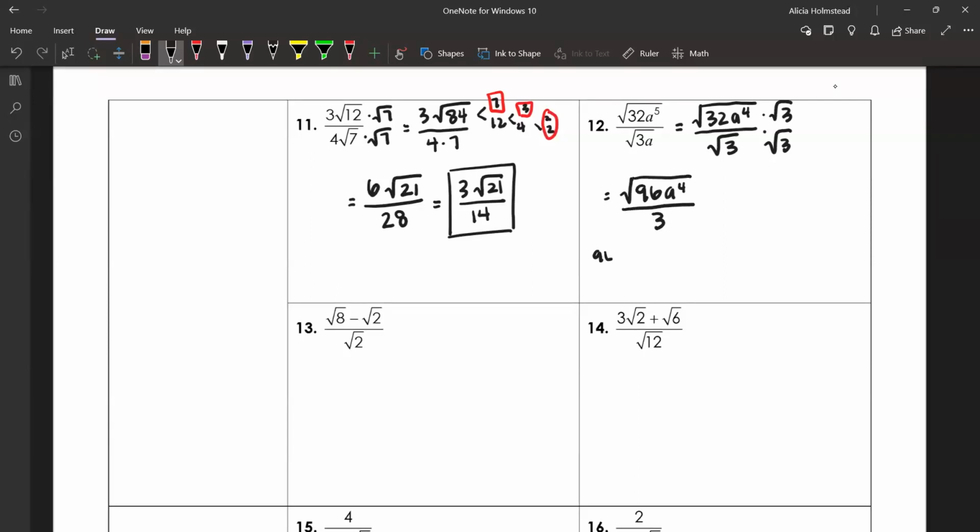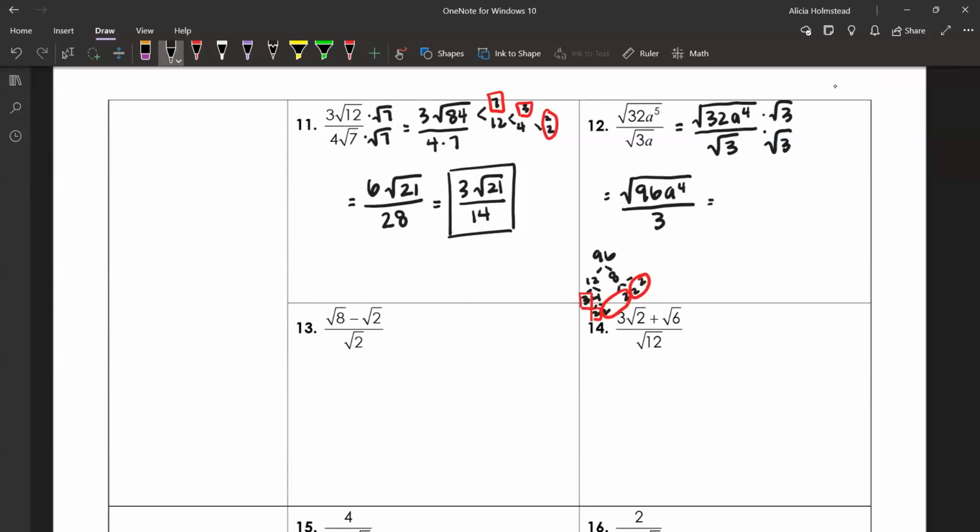And then let's break down 96. 96, isn't that divisible by 12? It is. It's 12 and 8, which is 3 and 4, which is 2 and 2. 8, if you're okay with it, is 2 times 2 times 2. Looking for groups of 2 things, we'll have a 2 and a 3 left over.